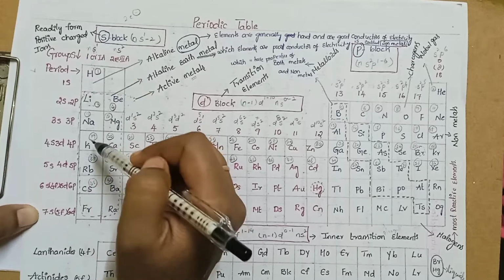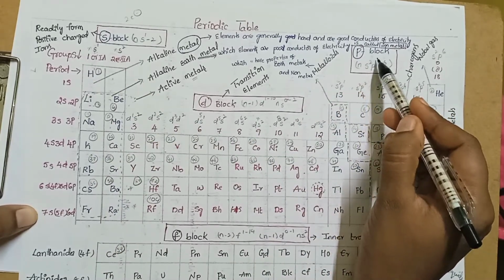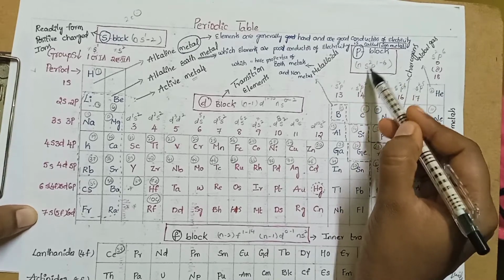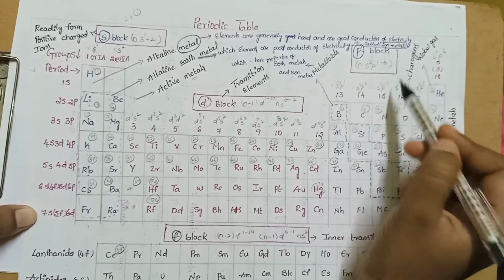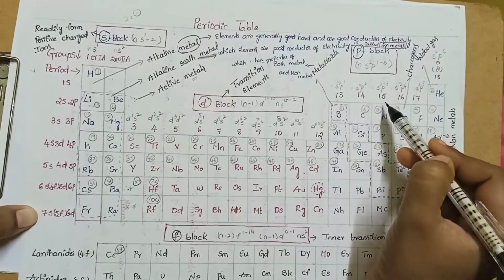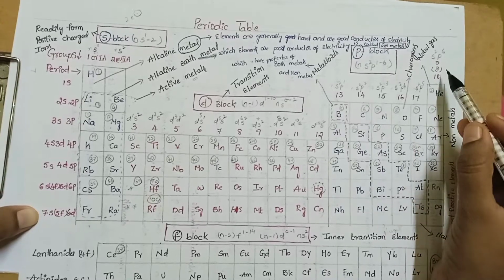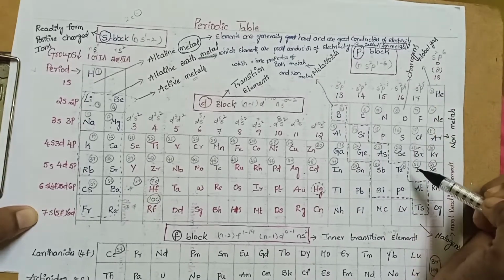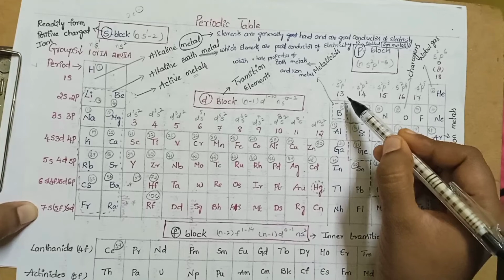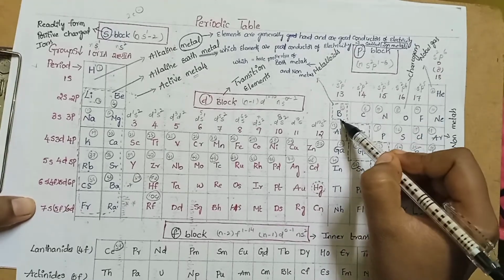Okay, the next is P block elements. So the general configuration of P block elements is ns2 np1 to 6. They are classified into the 13th group, 14th group, 15th group, 16th group, 17th group, 18th group or 0 group elements. Okay, so the 13th group elements are called the boron family.